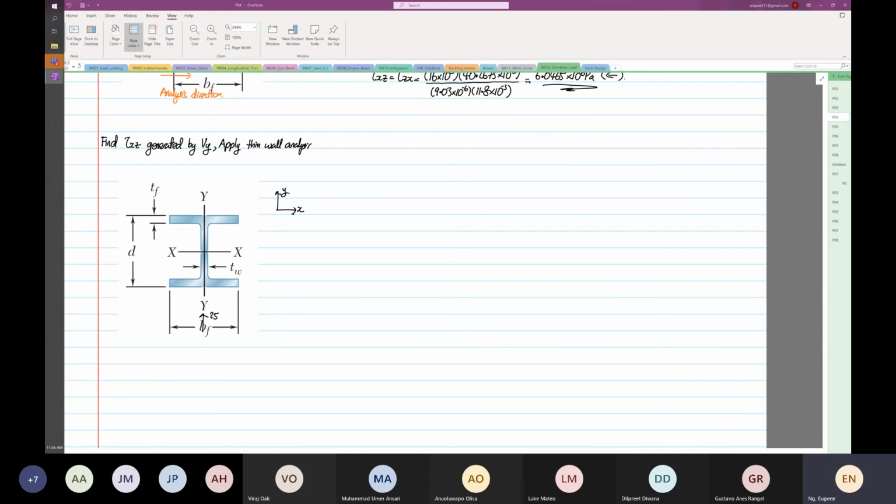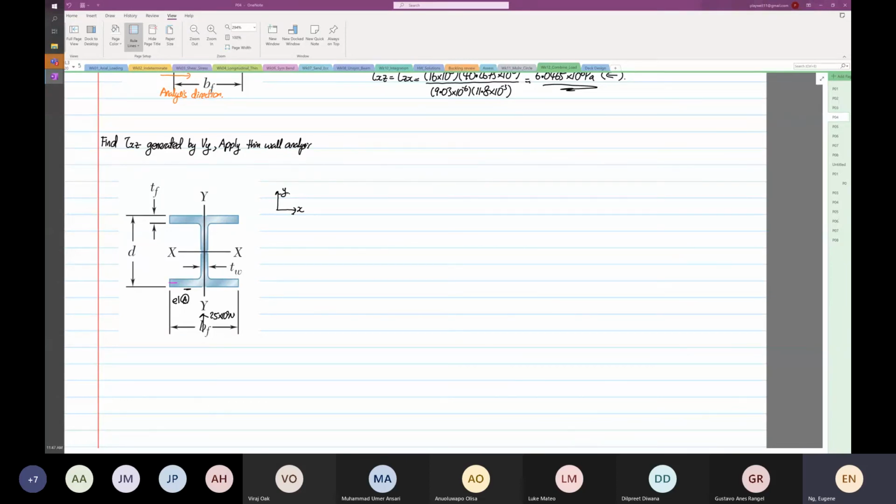This is the 25 times 10 to the power 3 Newton, and this is your element A. Because of thin wall analysis, how the shear flow will flow in the flange is this way now.